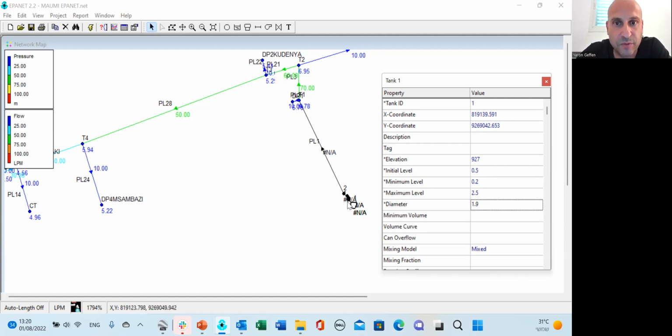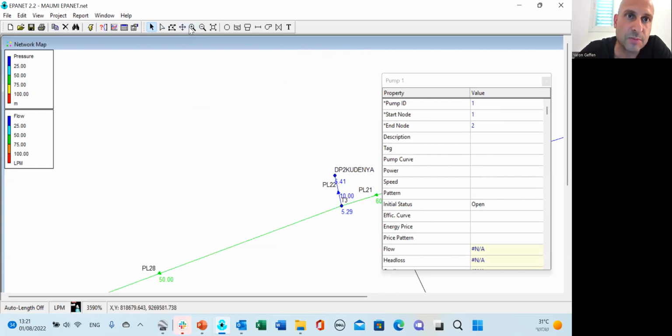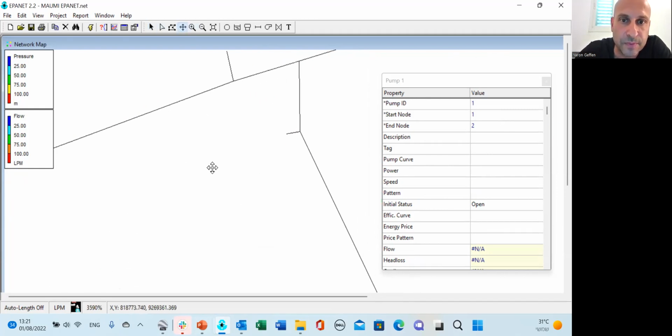The last thing that we have to define is the characteristic of the pump. So in order for the pump to work in EPAnet, we need to define a pump curve. In the pump curve, we define the working points of the pump. So if you can see, let me just zoom in a little bit, we supply from the tank about 80 liters per minute.